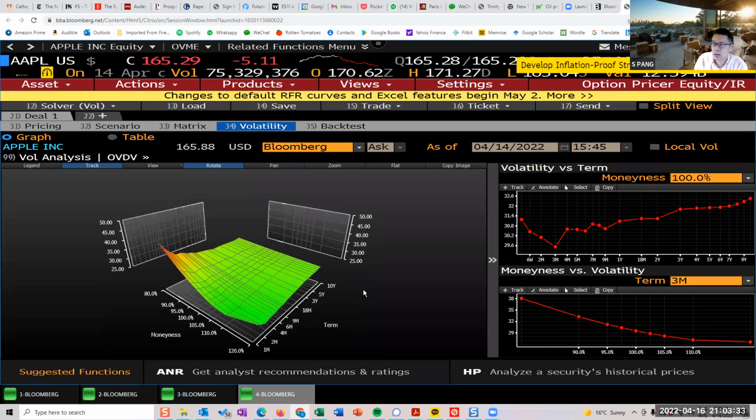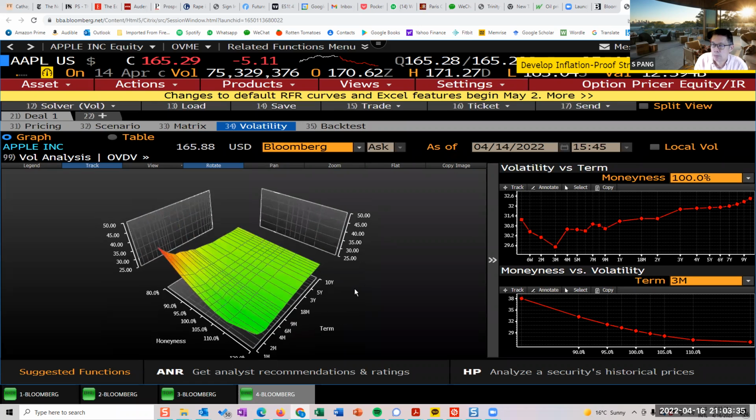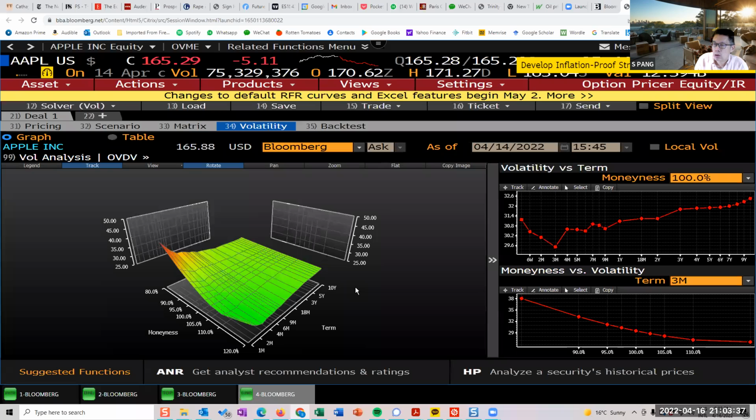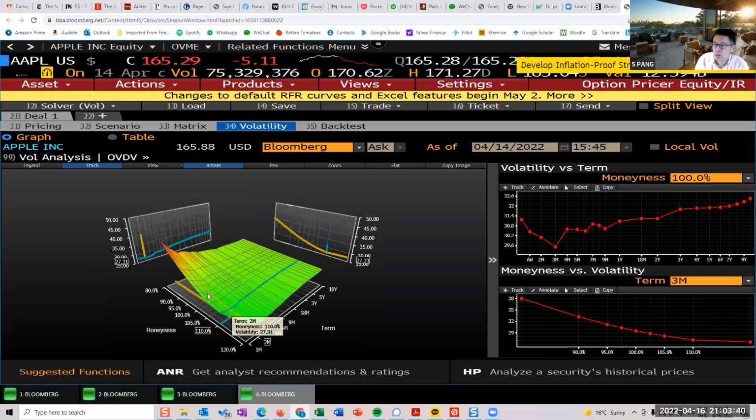You can see that there is a pattern to it, and you can study this. It's not an accident that it looks like this. It's sloping down, and sloping that way. The options nearer to maturity actually have a higher vol, especially the out of the money options.